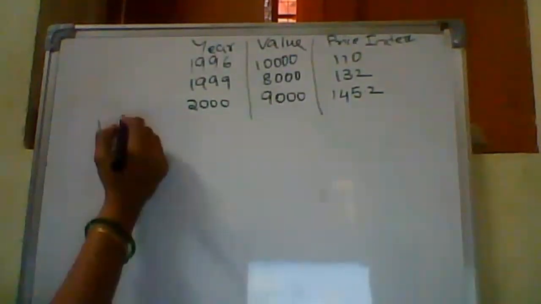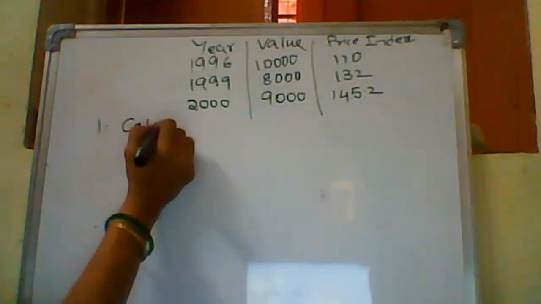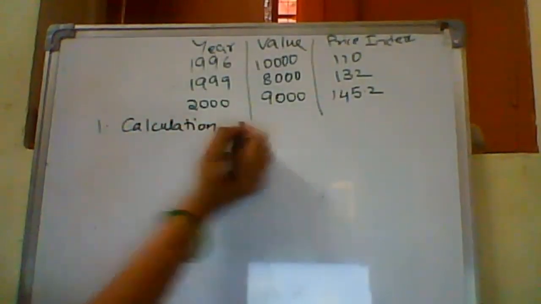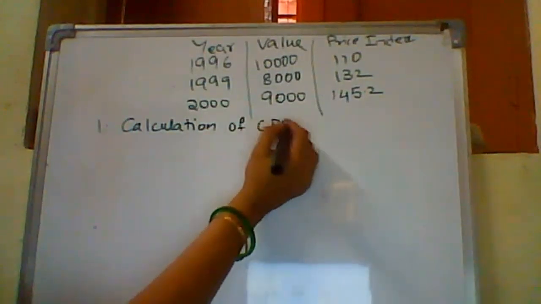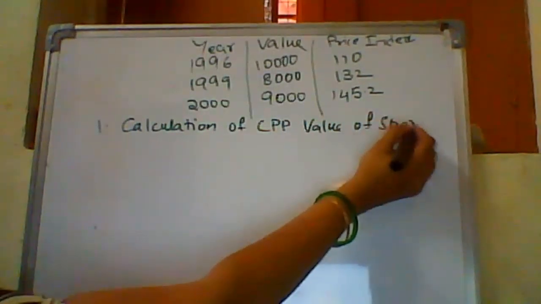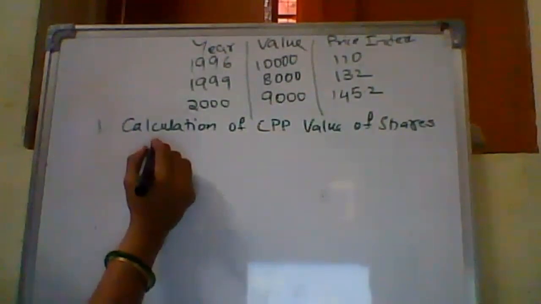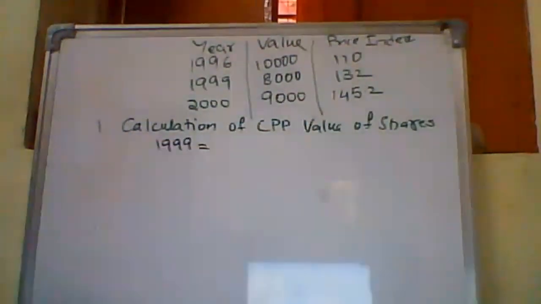So, question number 1, calculation of CPP value of the shares. How to do CPP value? Historical value into conversion factor. What is the conversion factor? Current price index divided by the previous price index. What is the historical cost in the year 1999?